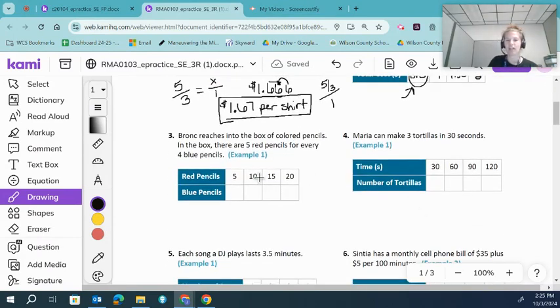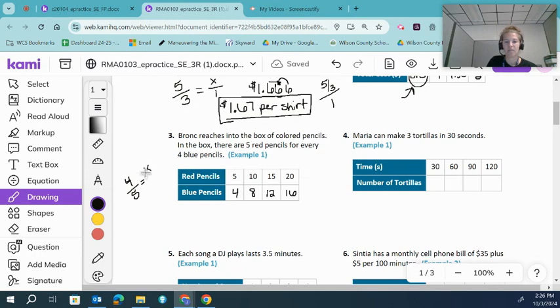Okay, let's take a look at a couple more examples. This one here is going to end up as a fraction as well. Bronk reaches into a box of colored pencils. In the box, there are 5 red pencils for every 4 blue pencils. Okay, well, if we're trying to figure out how many blue pencils per one red pencil, we are going to do blue pencils over red pencils.